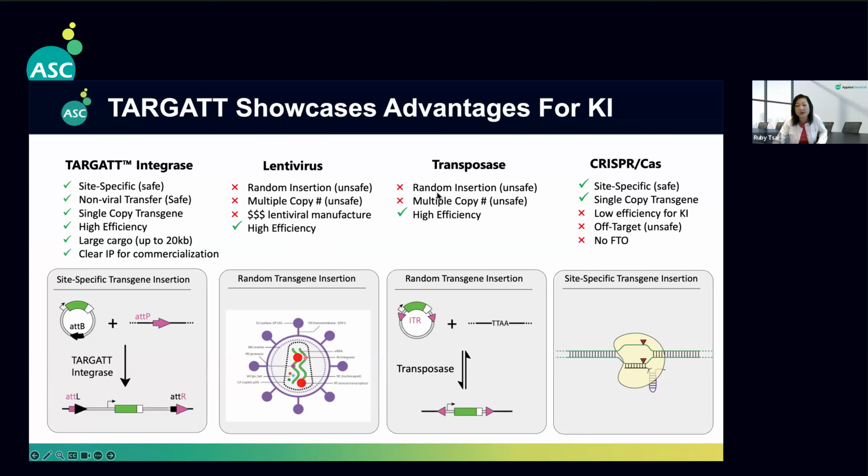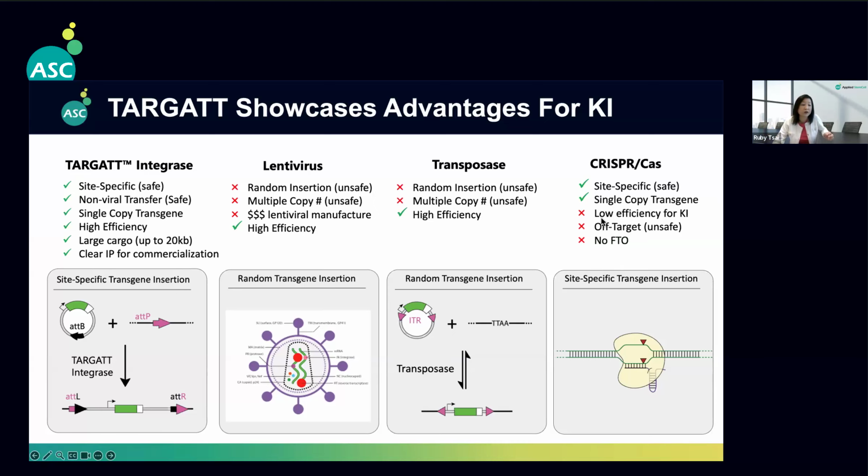And transposase has a very similar problem to lentivirus, even though the random insertion part is slightly better because it seems to recognize certain sequences as better insertion sites. And CRISPR, of course, is site-specific. We talked about off-target, so that's still a problem that needs to be solved.